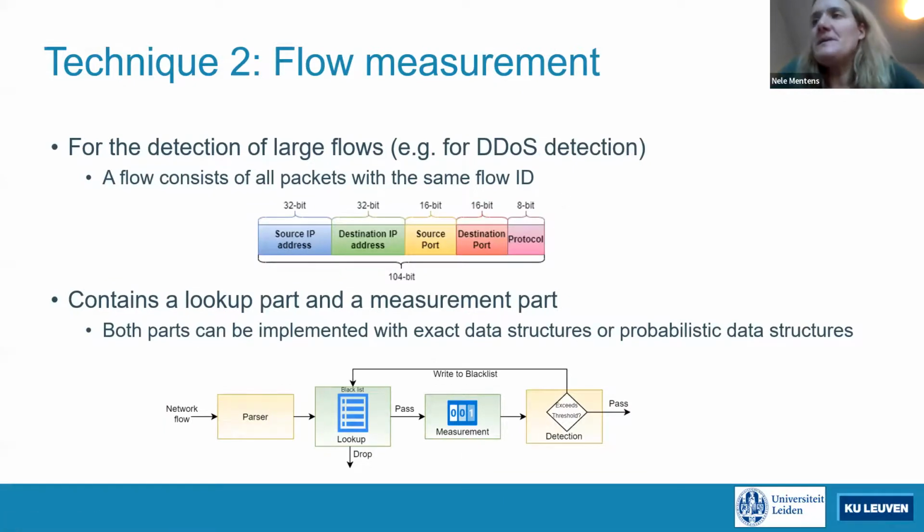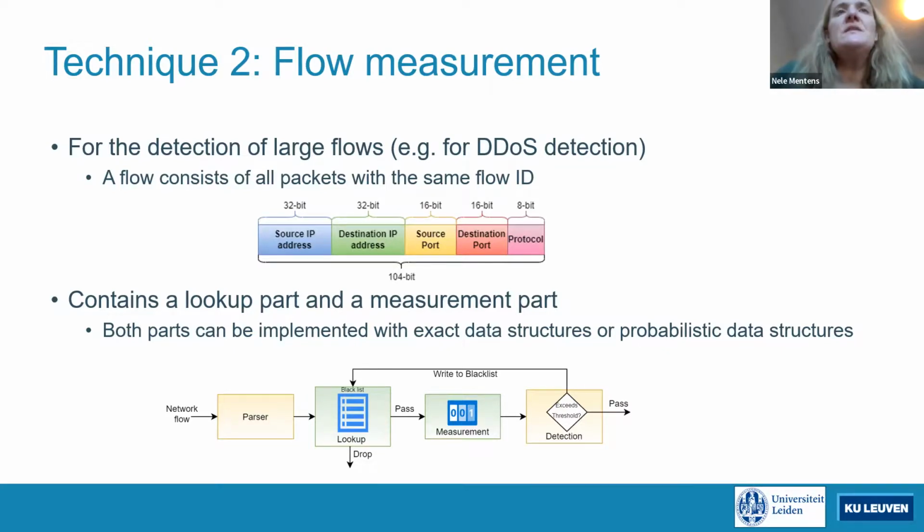The second technique is flow measurement. Flow measurement is not used for any type of attack, but it's used for the detection of large flows, for example, in distributed denial of service attacks, where a certain sender or multiple senders flood the whole network with messages or packets or traffic, such that some services are no longer available.